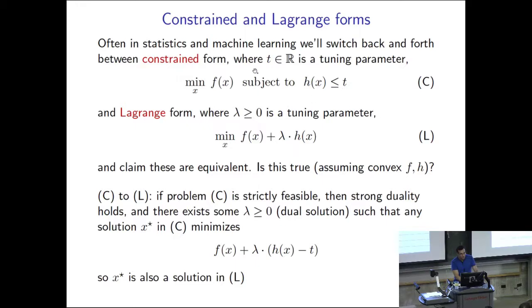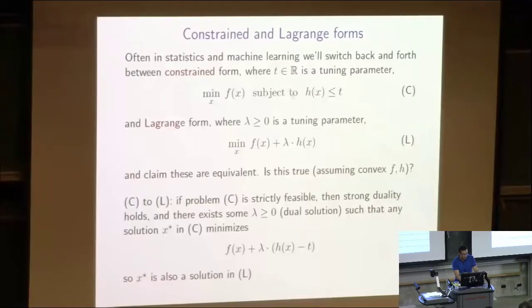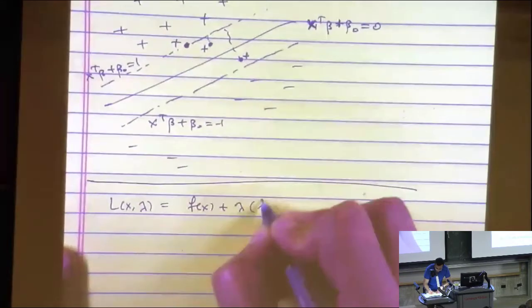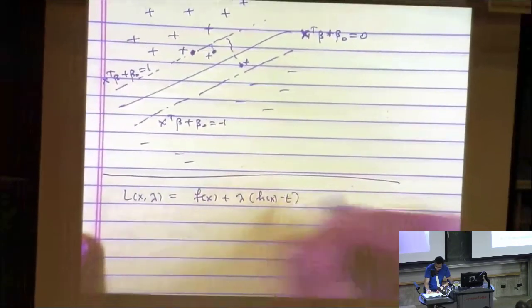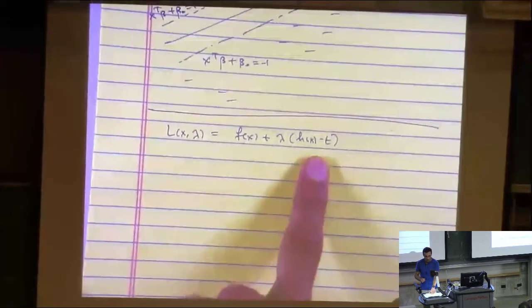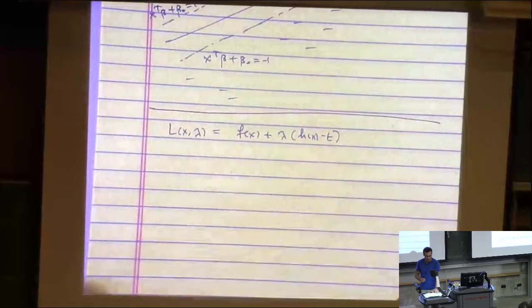What that means is that if we look at the KKT conditions for this problem, let's call the dual variable lambda, for reasons that are going to make sense. This is the Lagrangian: it's just f of x plus lambda times the inequality constraint that we're comparing to 0, h of x minus t.